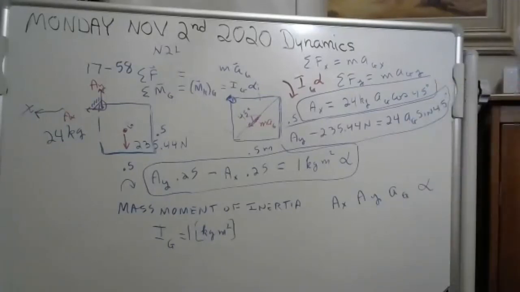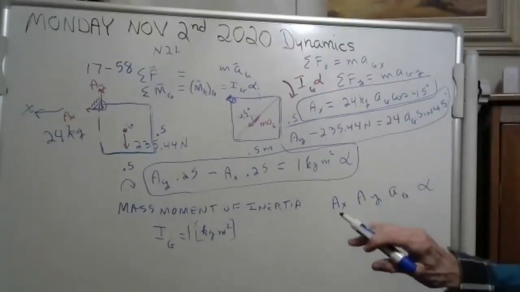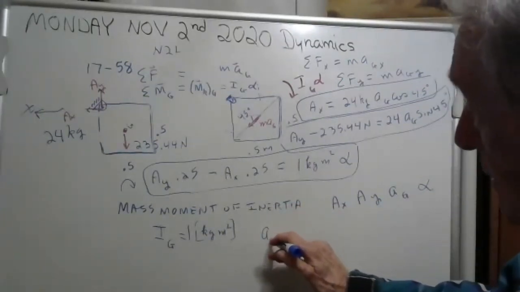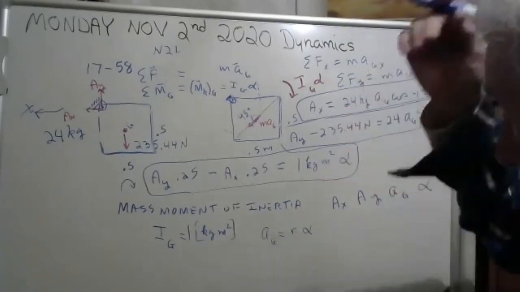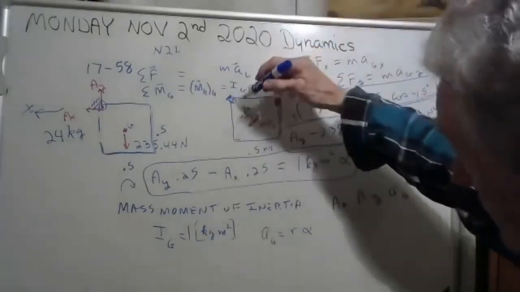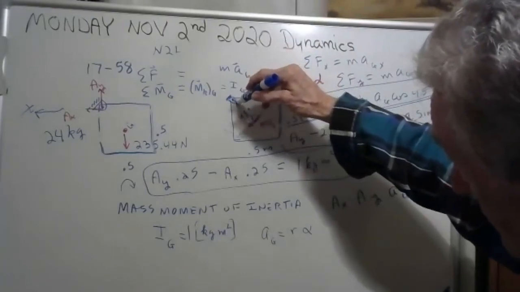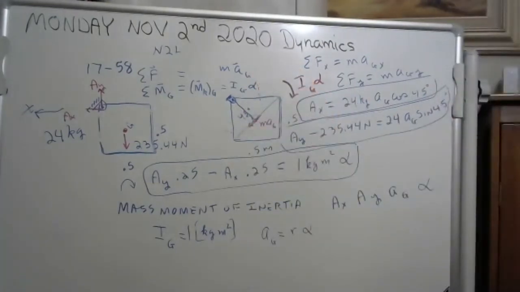Acceleration equals R alpha. That's it. There's an equation that goes like this. AG equals R alpha. But see, what we need is this R here, because we're rotating about this pivot. And I'm going to have to think about what that R is.